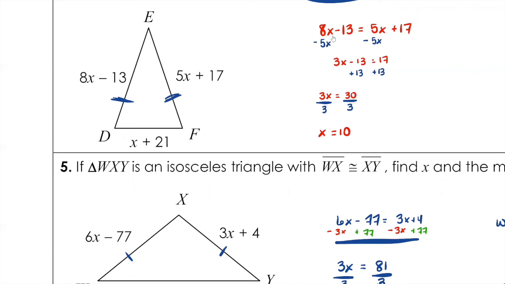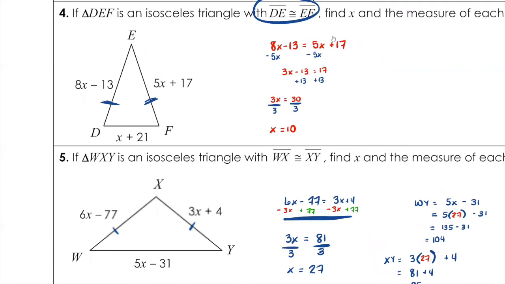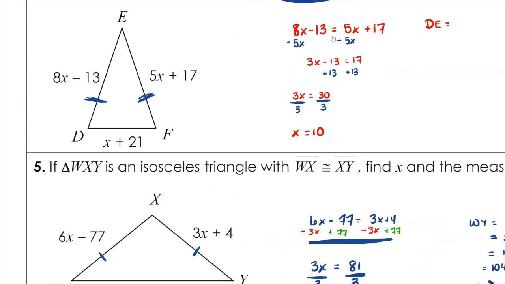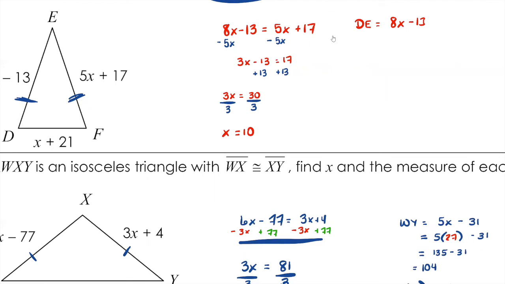Now that we know what x equals, we can find out the length of our sides. You can find EF or DE, it doesn't matter. So I'm going to go DE. DE's measurement right now is 8x minus 13. But what piece of crucial information do we know now?